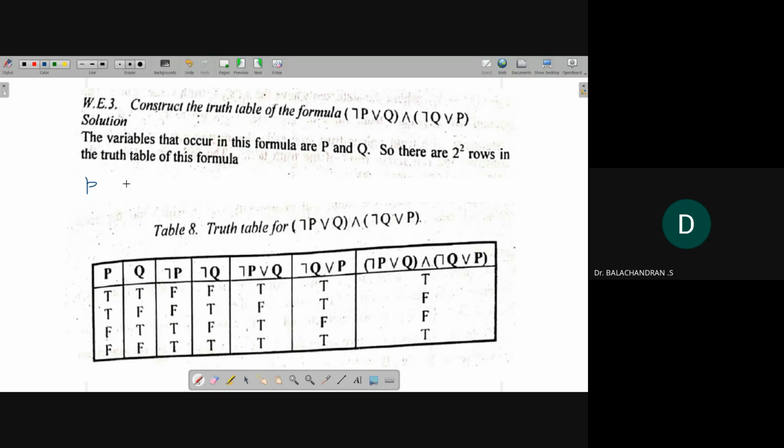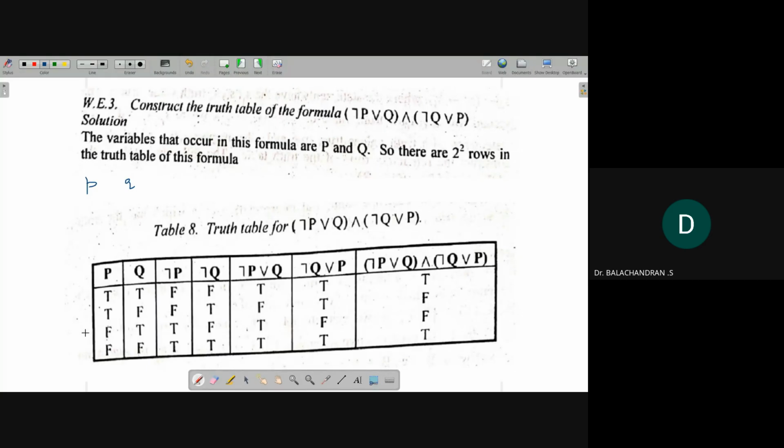Q, and then negation P, and then negation Q. And then negation P or Q, and then negation Q or P, and then I need a conjunction of negation P or Q and negation Q or P.